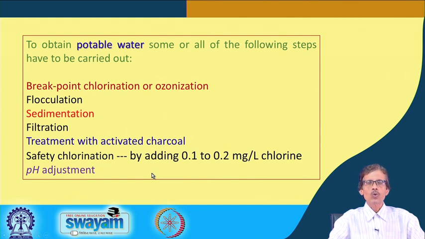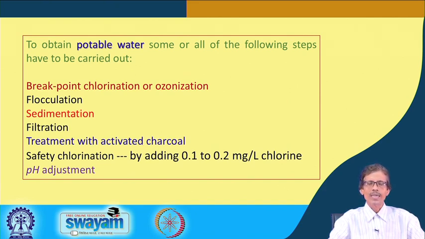We can utilize that packed column for the filtration process, where the bigger particles cannot pass through the interparticle passage of the charcoal material. Sometimes we simply say that treatment with activated charcoal can purify some amount of water.